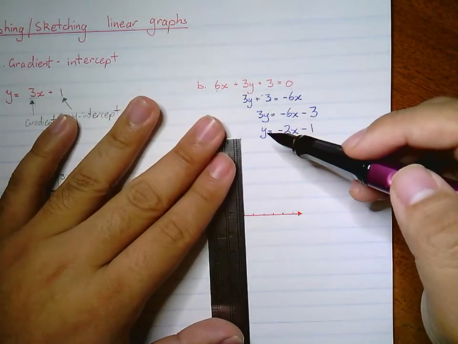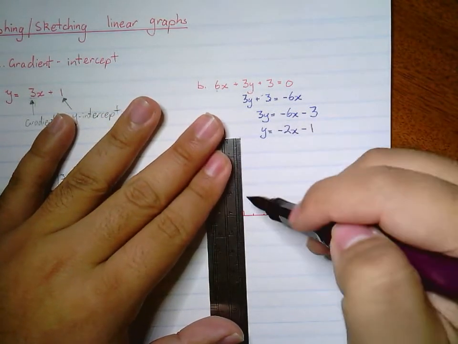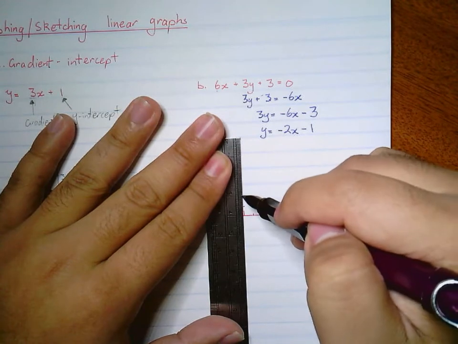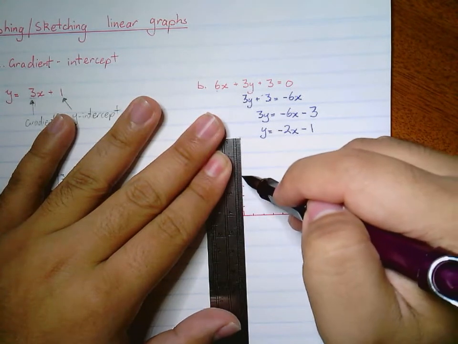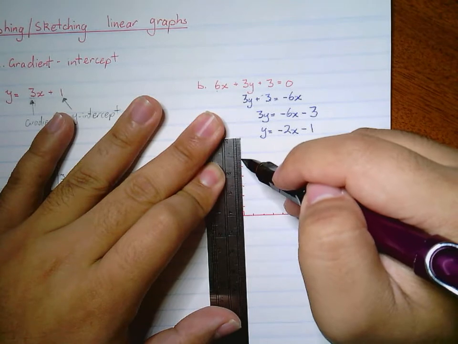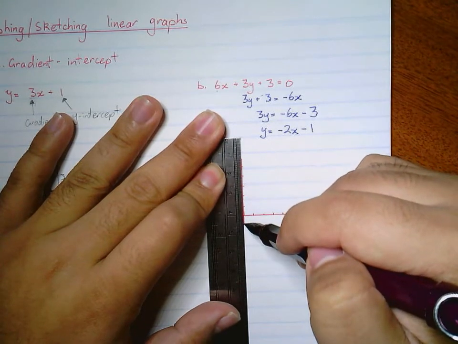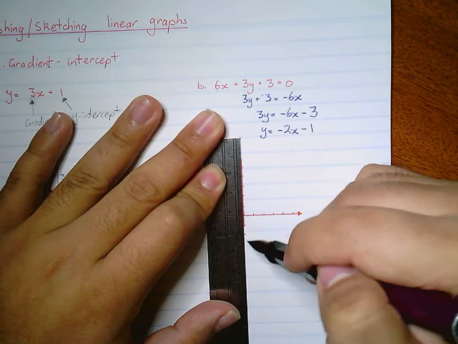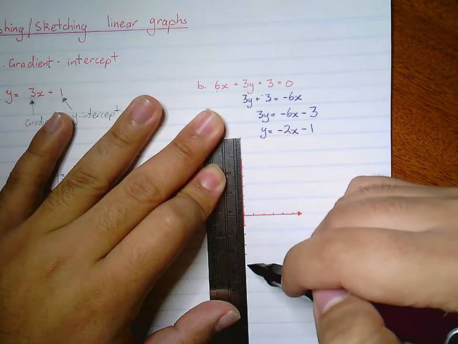Going from this point here, we'll go 1, 2, 3, 4, 5. Same going downwards, 1, 2, 3, 4, 5.